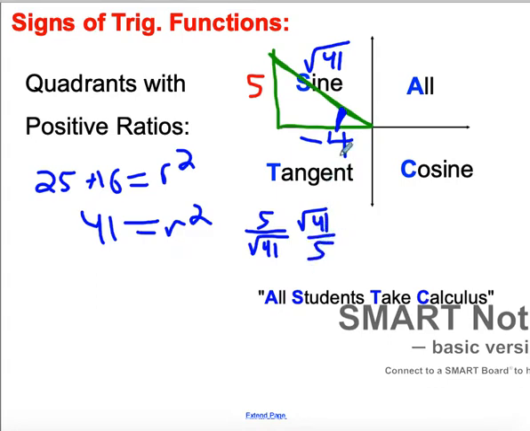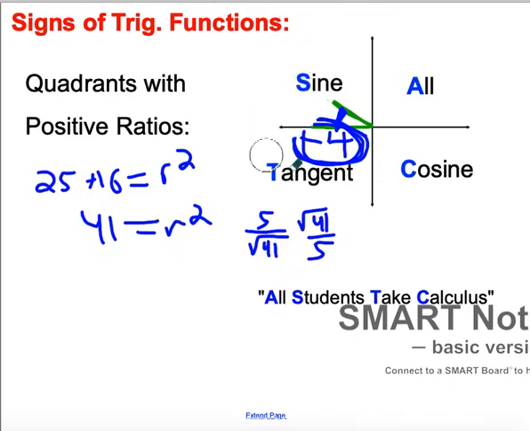But all the other trig ratios are going to involve this. So cosine, you'd have a -4. Secant, you'd have a -4 in there. Tangent and cotangent both involve this, okay? And so that's how sometimes they become negative. So it's important to remember that.